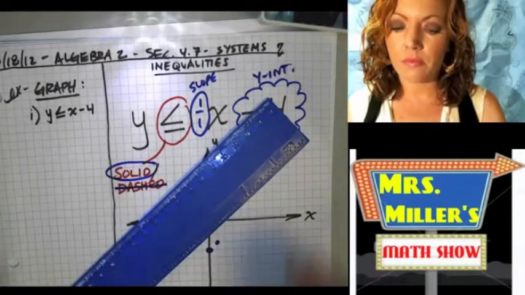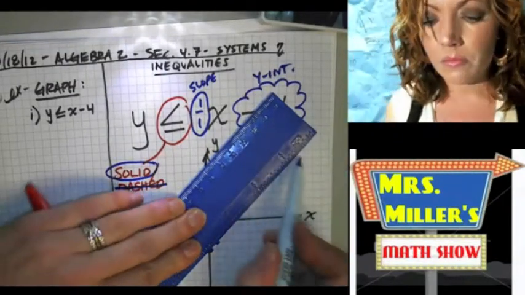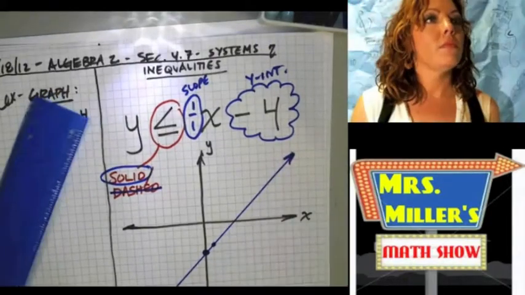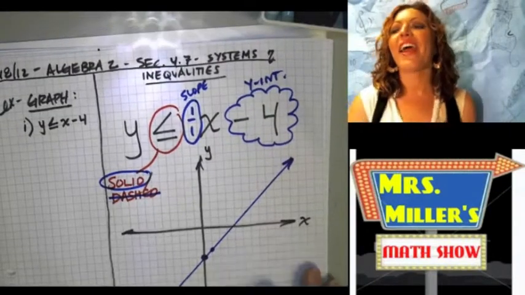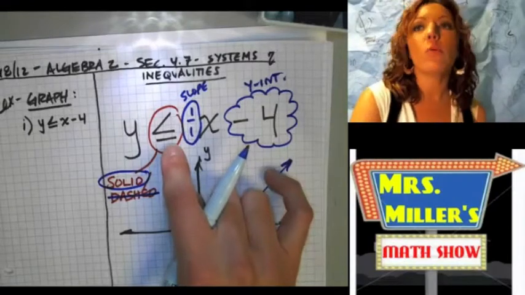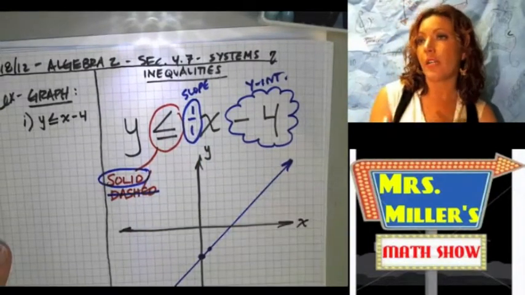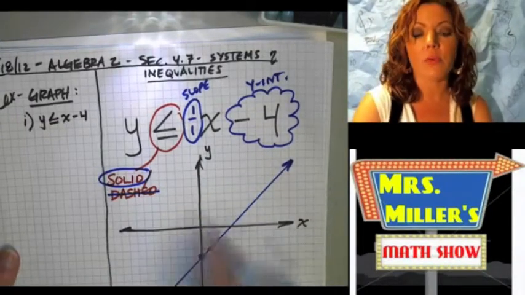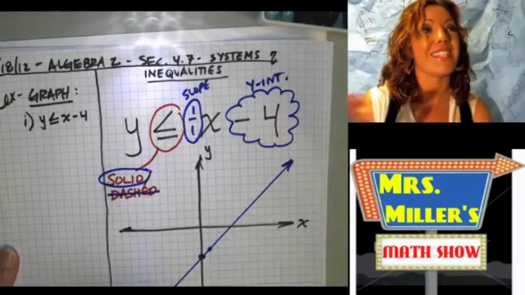Okay, less than or equal to, greater than or equal to, what that means is it includes all the points on the line. Just like with a closed circle, it included that specific point. Whereas if it was just less than or just greater than, that means it doesn't include all these points. So it's a dashed line.